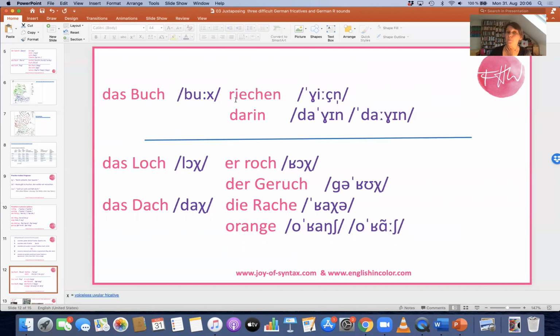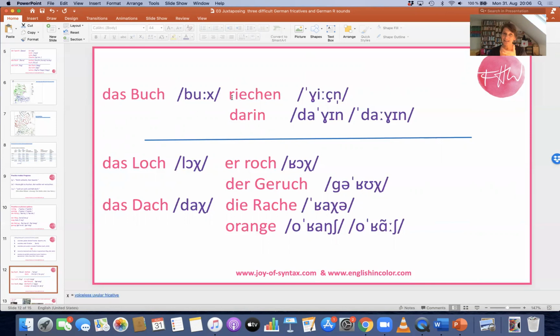So when I sing, I will definitely use the voiced versions. I'll just be silly. Okay, say, das Buch riecht gut, riechen, darin, riechen.